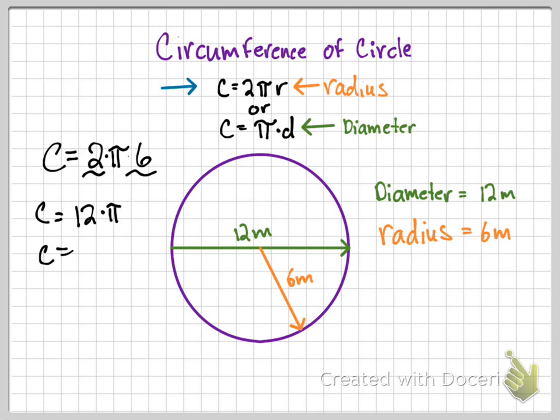And this is just a calculator problem, which results in 37.68. And the units of that would just be meters. In this case, this is one dimension, the circumference, so the units is just meters.